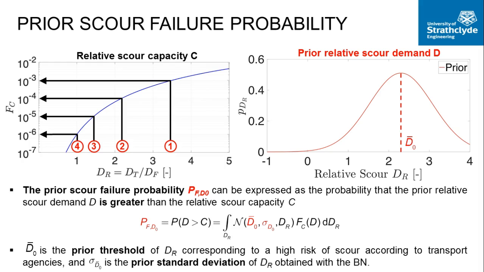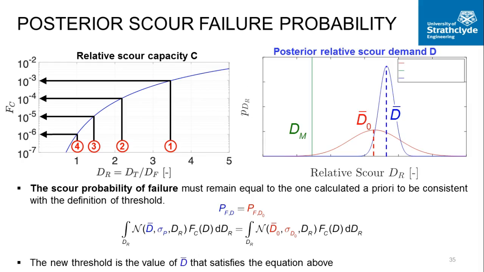In that way, the prior scour failure probability is the probability implicitly chosen by Transport Scotland when they fix their threshold. The Bayesian network provides an updated scour estimation, so we express also a posterior scour demand with a smaller standard deviation and centered on a new threshold.